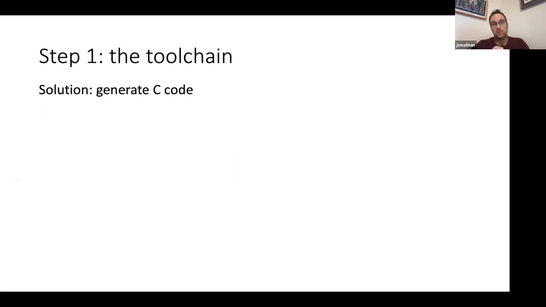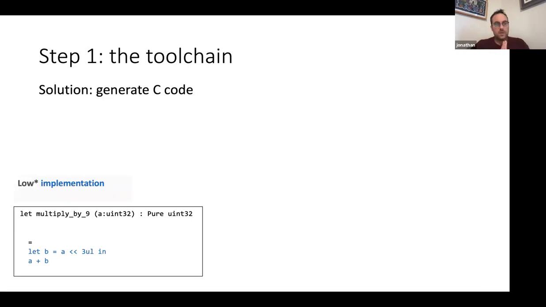So let me now get a little more concrete and show a little bit of code. I want to explain how we start from F star, our source verification language, and generate C code on the other end. So F star is a dependently typed language that essentially resembles OCaml. It has let bindings. It has all sorts of fancy types. But the idea is that in F star, you can annotate functions with pre and post conditions.